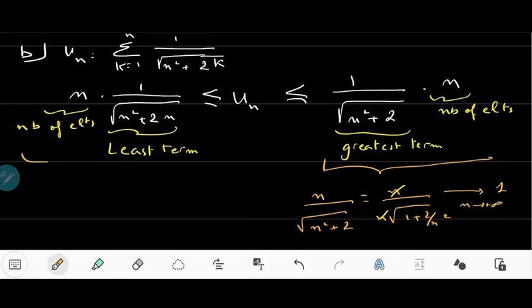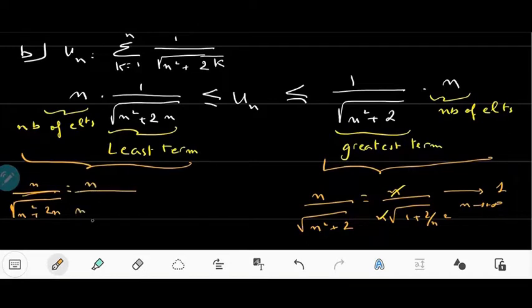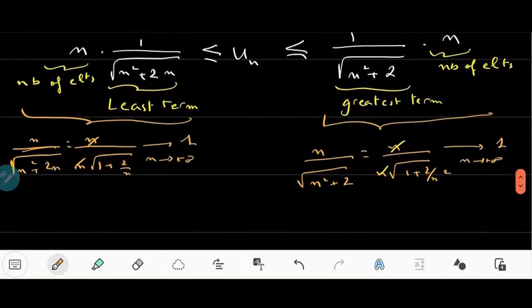And on the left side, it's the same thing. We have n over square root of n squared plus 2n, which is equal to n over n square root of 1 plus 2 over n, which is something that goes to 1 when n tends to plus infinity. So we have both sides that go to 1.